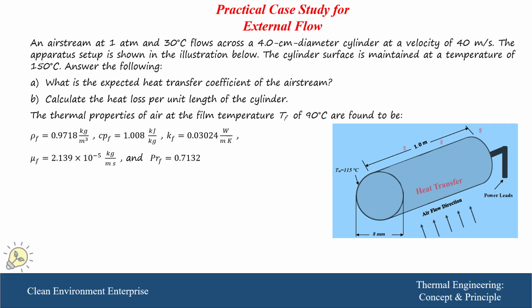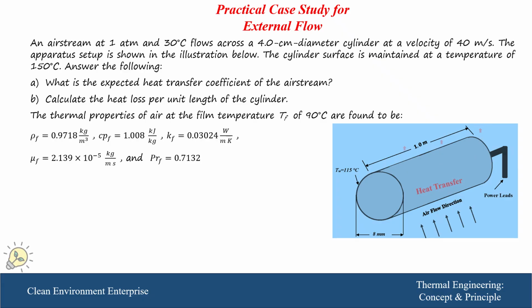We need to calculate the heat transfer coefficient and the heat loss per unit length, where we have the thermal properties as measured at a film temperature of 90 degrees centigrade to be rho sub f, Cp, K, mu, and finally Prandtl number.